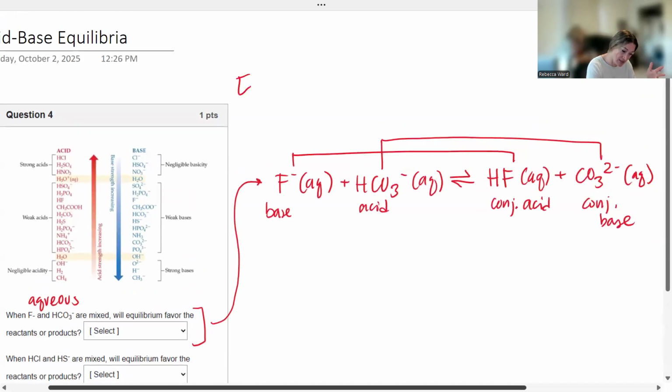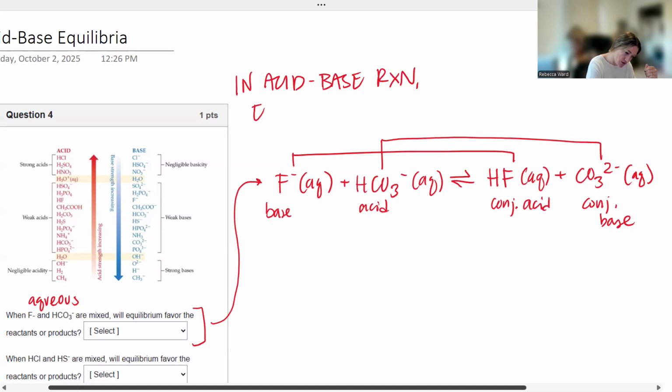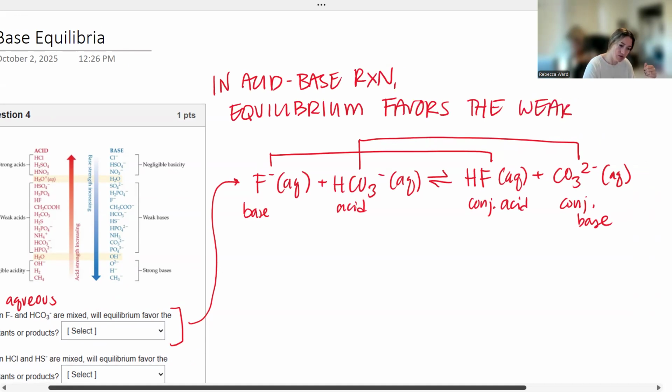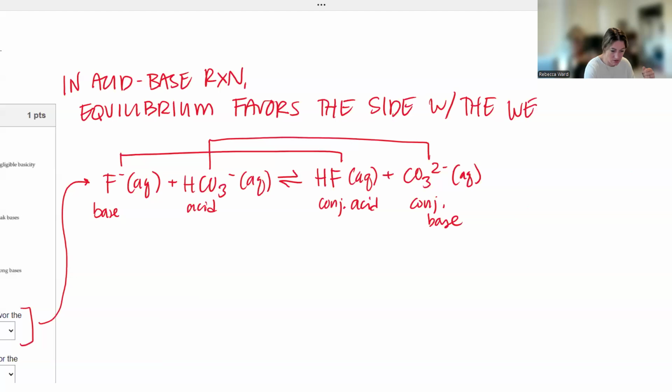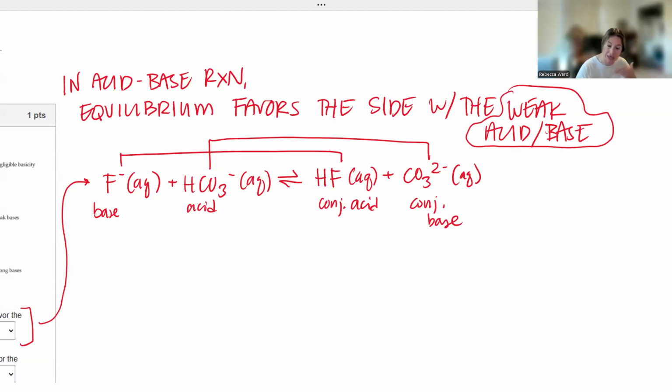The rule is that in an acid base equilibrium favors the weak, we'll say favors the side with the weak acid and base, okay? That's necessarily they're going to be on the same side. I'm not going to have the strong acid and weak base on one side. That's not how this is going to work.